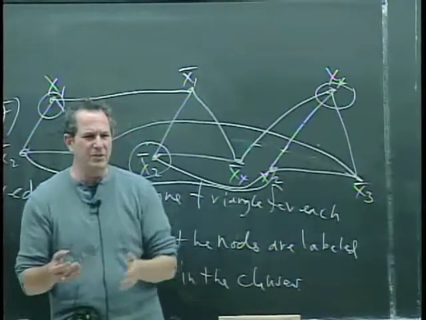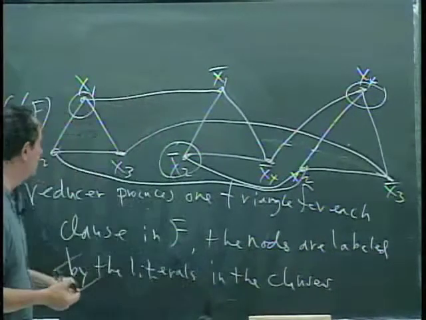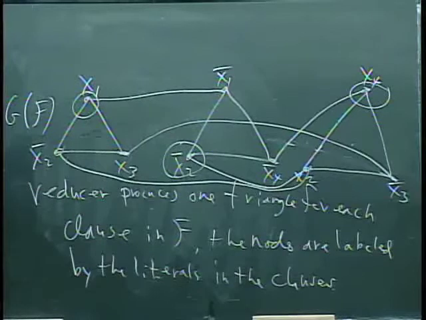So the two directions were really the same. I was only tripping you up a little bit by the fact that in a clause, you might have more than one literal that's true, but it doesn't matter. You can just pick one, and everything works out. Or you could have thought of it this way.